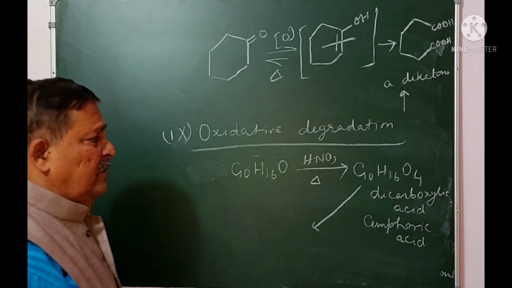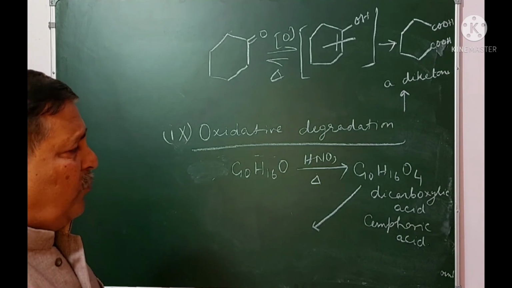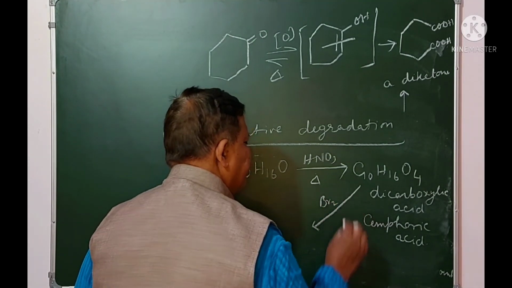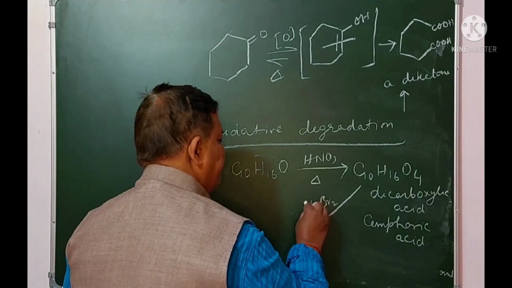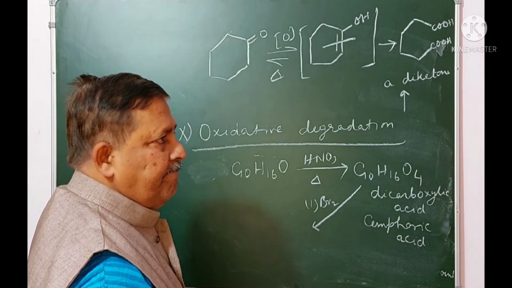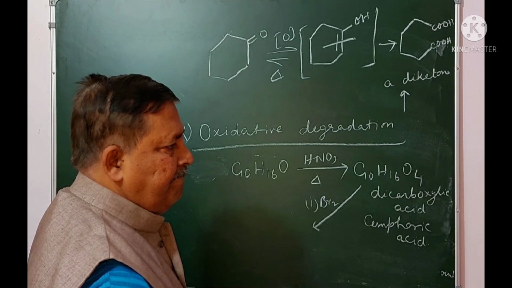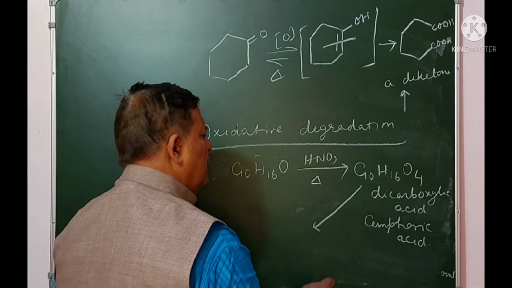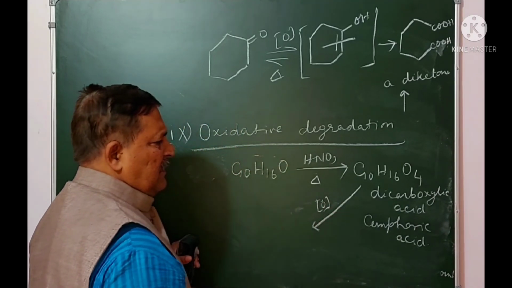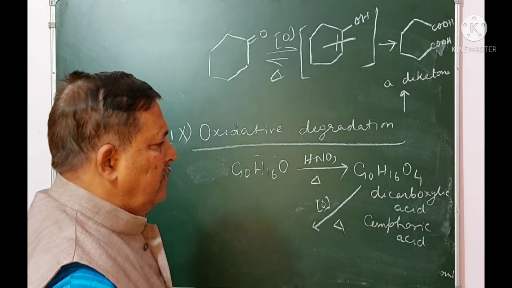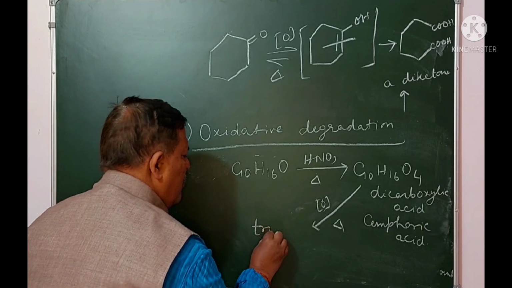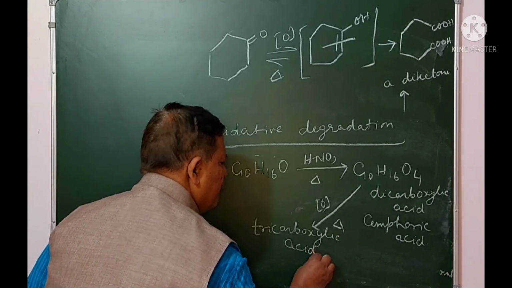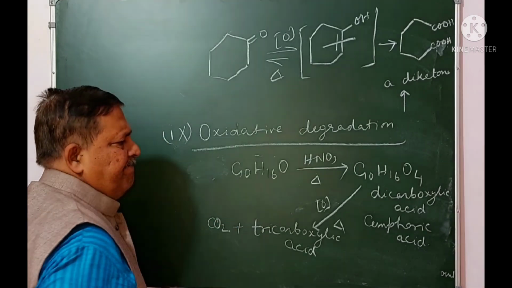This dicarboxylic acid, when brominated or when it is further oxidized and strongly heated, is converted into tricarboxylic acid with the loss of carbon dioxide.